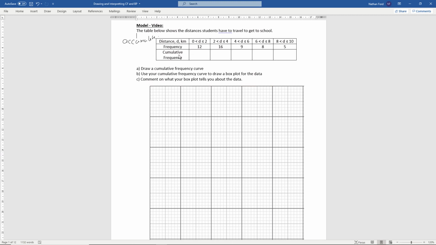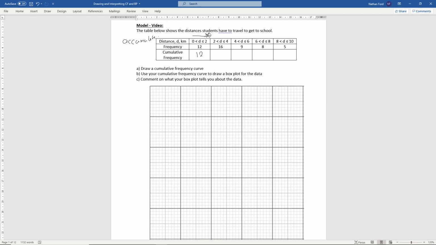So what we're really doing when we're doing a cumulative frequency curve or graph is we're accumulating the frequencies as you go up. So for distance up to 2 kilometers, there is 12 people.